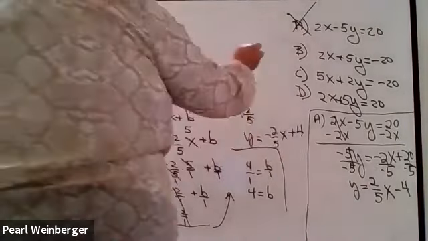Let's find the slope. Now, remember the formula for the slope. This is something you must know. It's y2 minus y1 over x2 minus x1, which gives me 2, my y2, minus -6 over -1 minus 1.